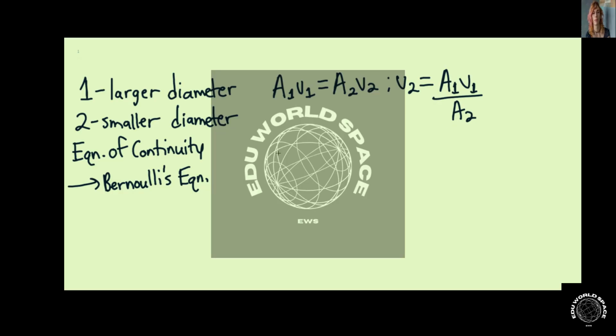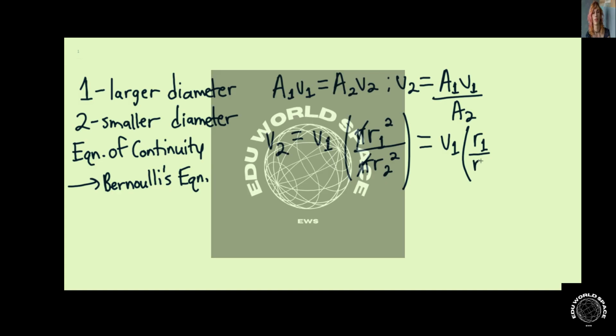We can say that V sub 2 is then equal to V sub 1 times pi r sub 1 squared divided by pi r sub 2 squared. We cancel out the pi, and we simply have that V sub 2 equals V sub 1 times r sub 1 divided by r sub 2, quantity squared.